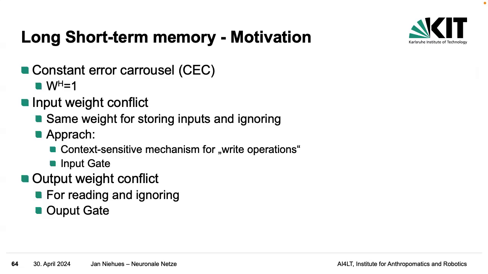So the idea is to build a unit in the neural network which can address these problems by having this WH, which is roughly 1 always, and also looking at input and output weight conflicts, so that you're not always writing into it, but you're learning when new information is important, you filter it and put it in. You also have an output gating mechanism to not always output things, but learn when to output things and when they are maybe currently not important.